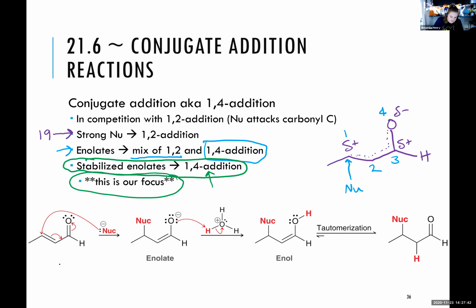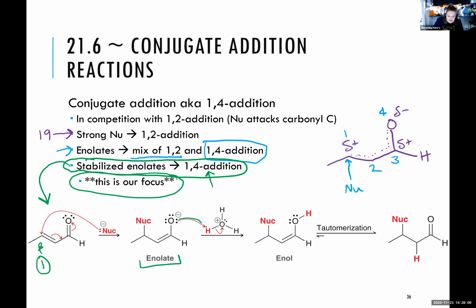So down here is showing us that 1,4 reaction. Our nucleophile is attacking that beta carbon, which would be position number 1 in the 1,4 label. And then we have some electron rearrangement. So the pi bond shifts, both pi bonds shift, and we end up with our enolate.